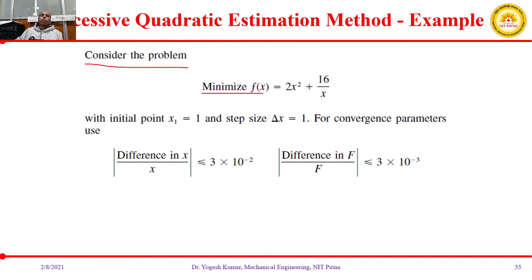The minimization of the function f(x) equal to 2x squared plus 16 upon x. The initial starting point we are taking as x1 equal to 1, and the step size we are also taking as delta x equal to 1. For convergence parameter, use difference in x upon x should be less than or equal to 3 into 10 to the power minus 2.